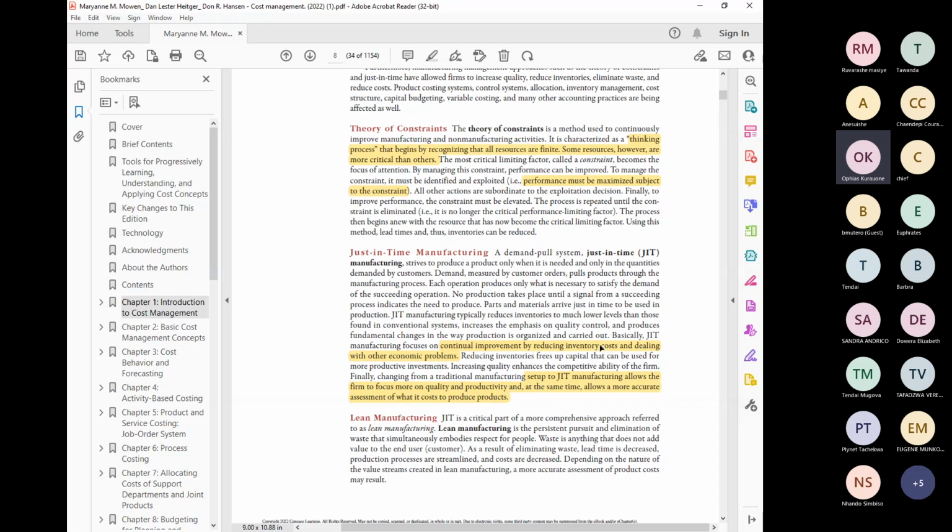Just-in-time means we produce the inventory which is needed and required at that particular time, so that we reduce storage and handling time, and allow a more accurate assessment of the product cost. So that is very critical.